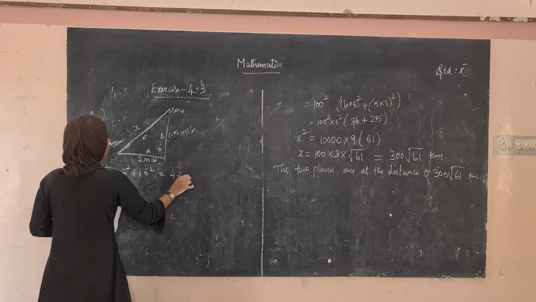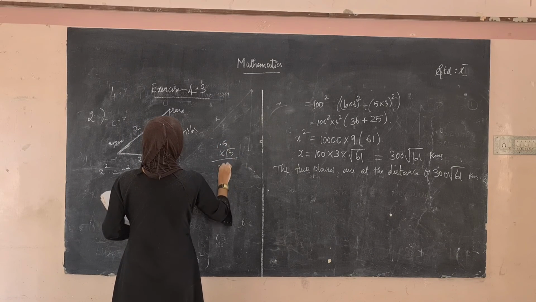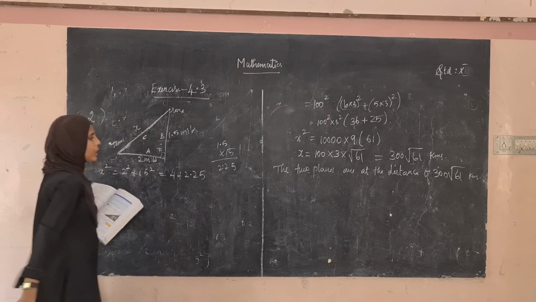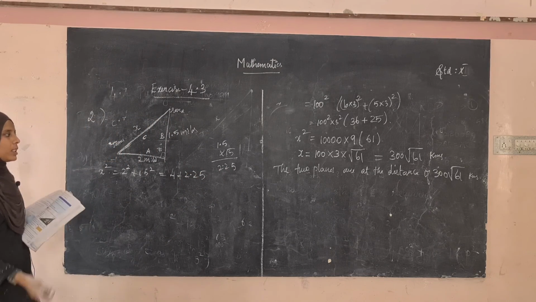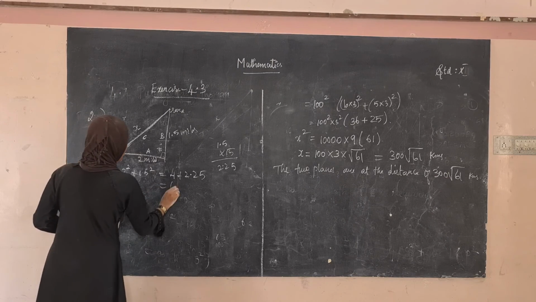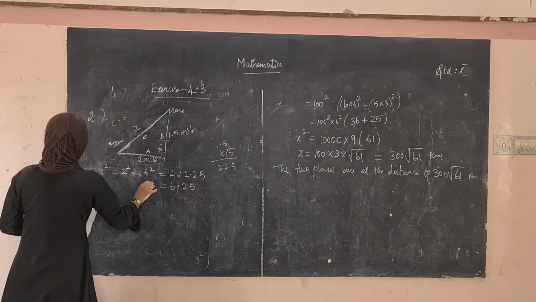This is 4 plus what is 1.5 into 1.5? 2.25. 15 into 15 is 225. That is 1.5 into 1.5 is 2.25, which is equal to 6.25, that is x square.